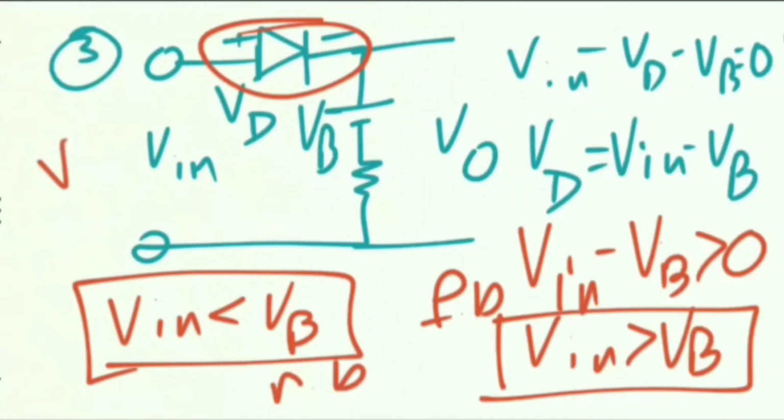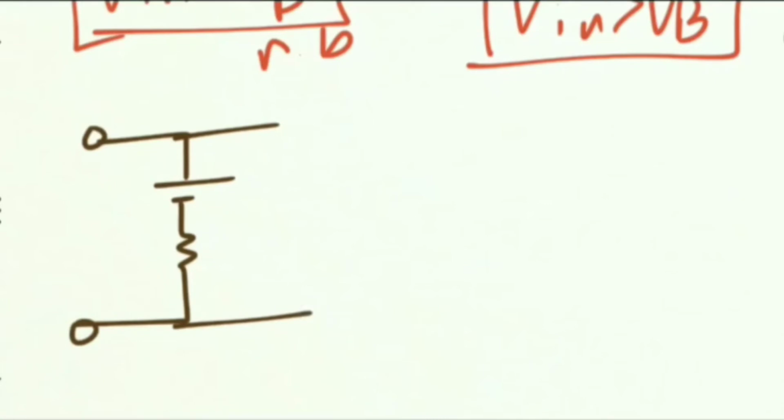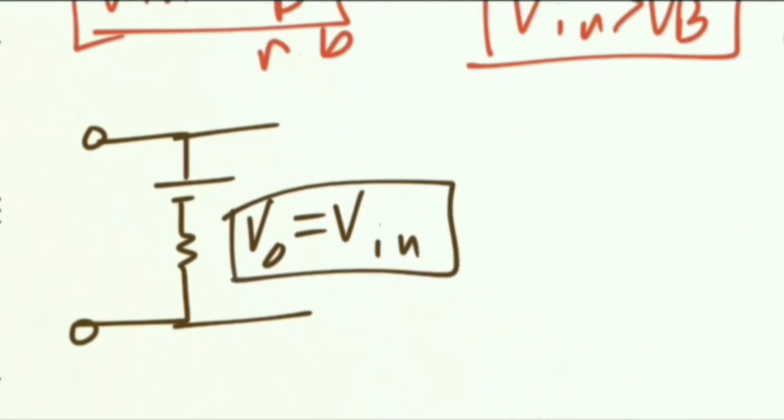Suppose the Vb value is less than the maximum value Vm. Now when the diode is in forward bias, the equivalent circuit will be this, where Vo will be equal to Vin, and this is for Vin greater than Vb in the forward bias.